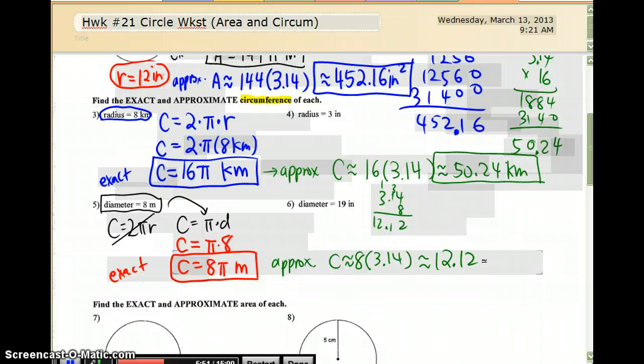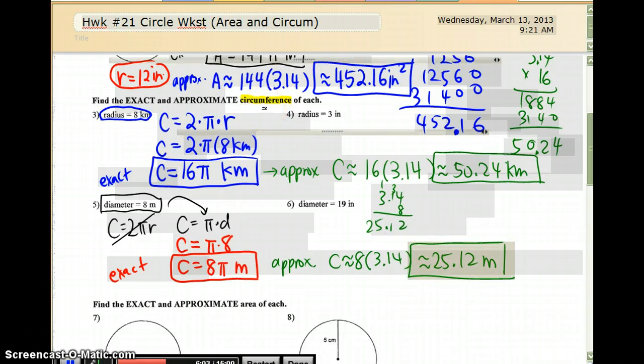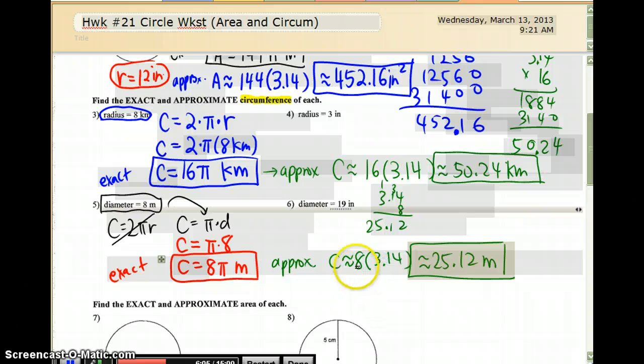I'm sorry, I think I did that wrong. I added. 25.12 meters. Okay, and is it meters or meters squared? Well, I'm looking for the circumference, and I didn't have to square anything, so I also don't want to square the meters. That's a good indication. And there's my approximate answer.